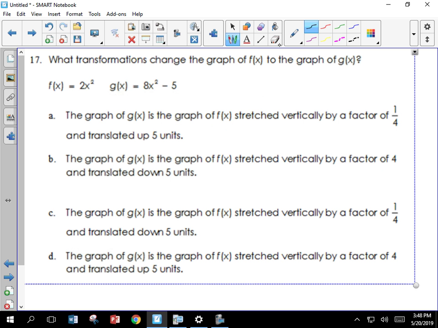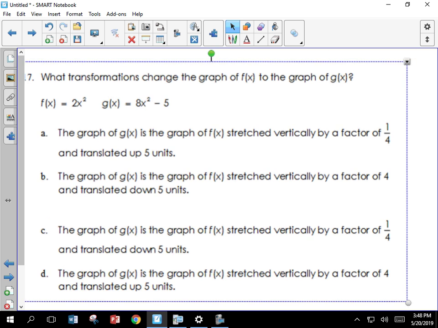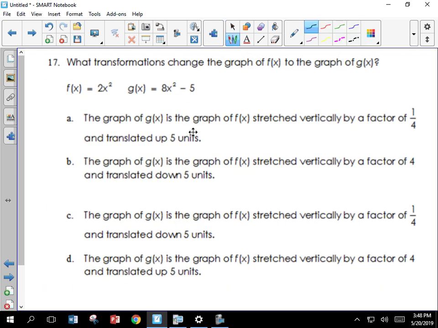So -5 outside the function tells us this graph is going down. The one that says up 5 is not an option. This one says up 5, not an option. So we're going to narrow our answer choices down to B and C because it says it's translated down 5, which is the -5.